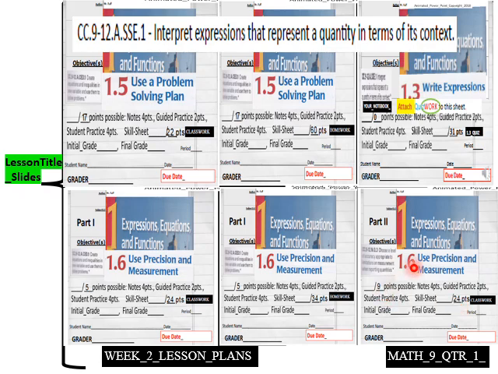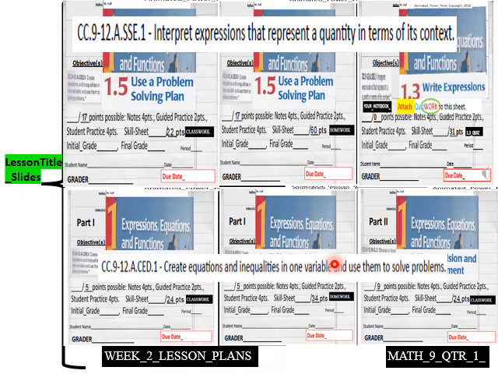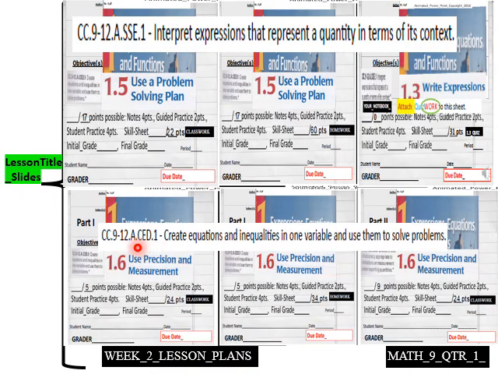And our standard for 1.6 is Common Core 9 through 12, A.CED.1, create equations and inequalities in one variable and use them to solve problems.